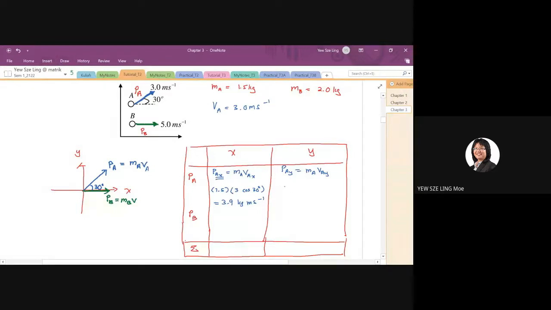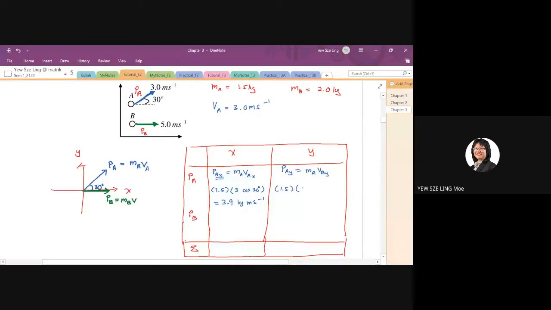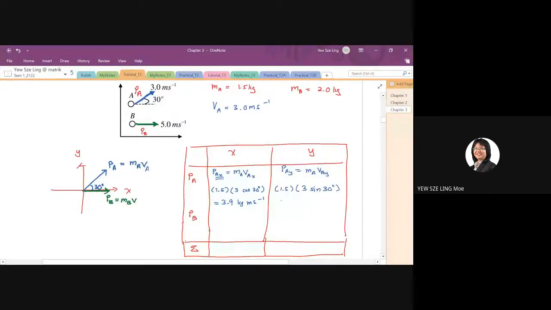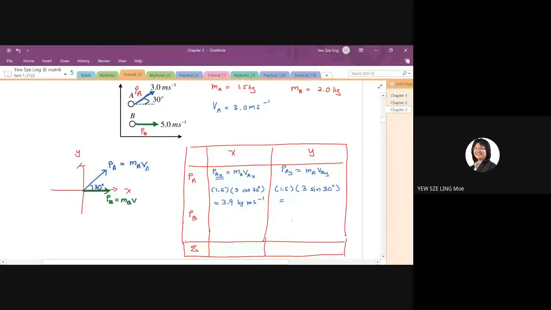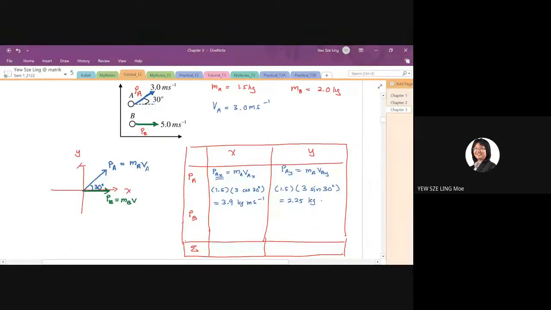PAY is actually equal to 1.5, and then I'm going to resolve the velocity, 3 sin 30 degrees, which equals 2.25 kg m s^-1. Both of them are positive because my PA is located in the first quadrant.